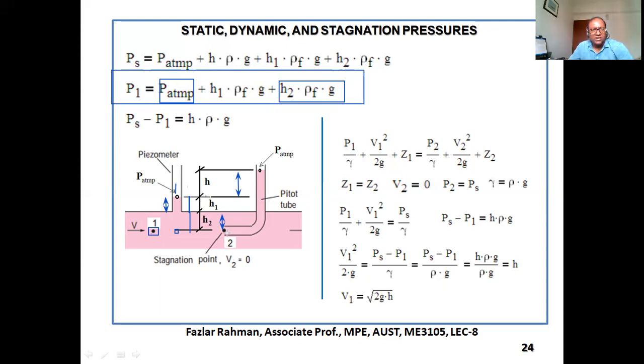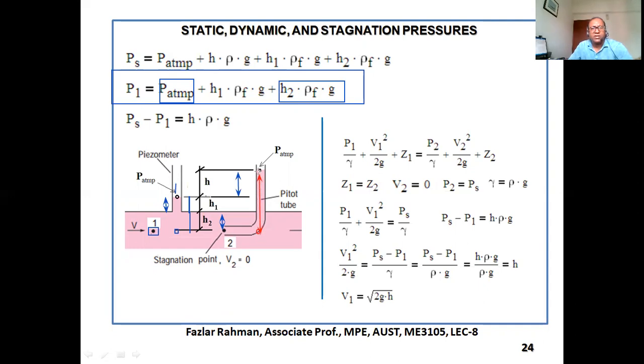Now, how much is the pressure at point P2? P2 is also called the stagnation pressure, which we express by PS. Okay. So instead of P2, we are saying PS. So PS will be how much? The pressure between point 2 and this point will be the same. So we will come down from the upper point to right over here.